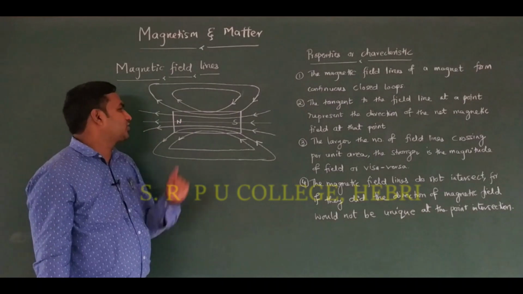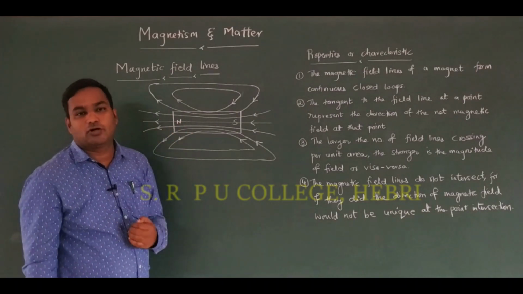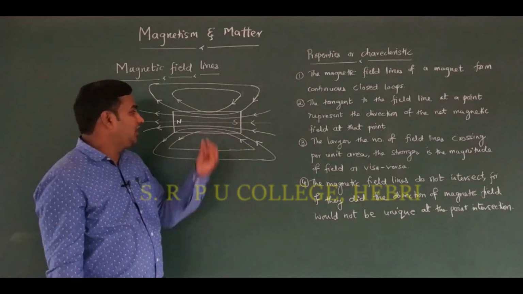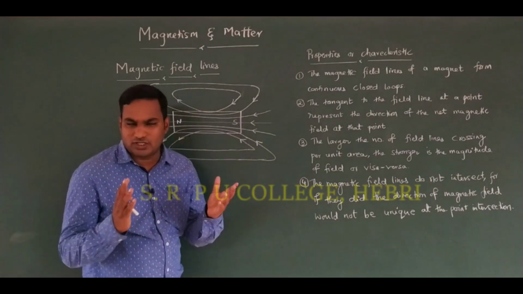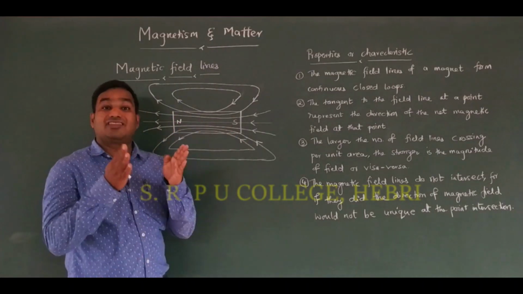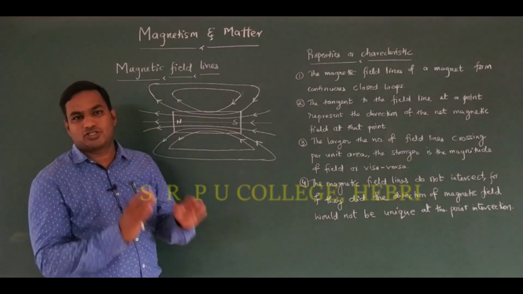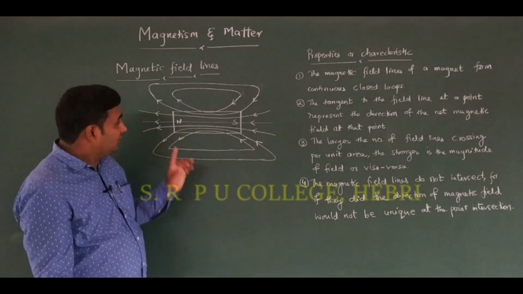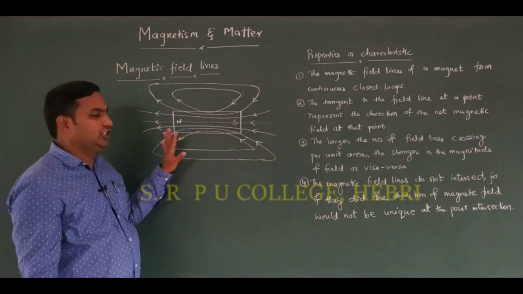This particular end is called the North Pole, which has a suitable magnetic pole strength, as I already said. This particular end is called the South Pole, which also has a suitable pole strength. The North Pole and South Pole are separated by a certain distance, which we call the magnetic length. That I already explained. Here, the magnetic field lines are like this.